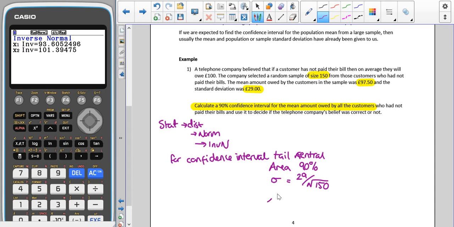So our mean was £97.50. And that gives us our confidence interval here.